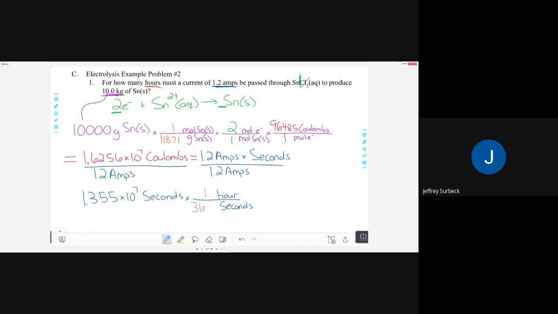There are 3,600 seconds in every 1 hour. So I do one final thing. I say divide by 3,600 seconds, and I still get a big number here. Rounding to the nearest hour, I get 3,763 hours.